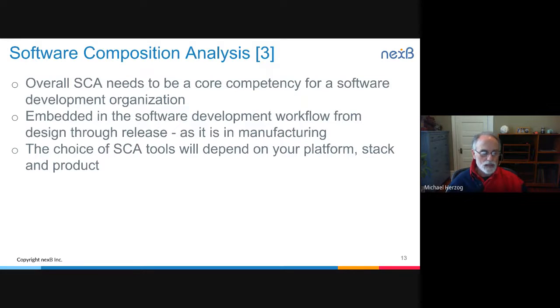Is it the whole product as a software product? Is it part of the product combined with hardware, or something else? Software is just about everywhere. It does, of course, include things like IoT, the Internet of Things, where the software bill of materials may be fairly small for one of those, but because of the wide distribution of those devices, it's as critical as anywhere else.